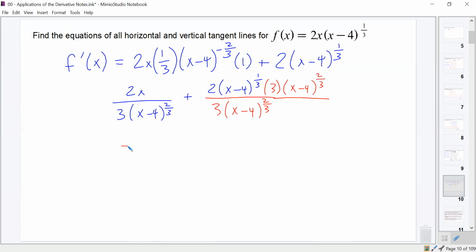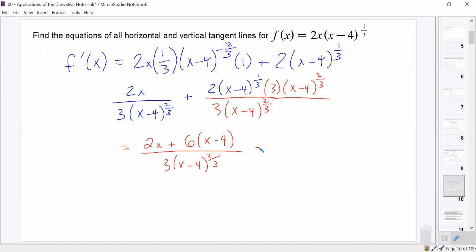And when we go through doing this, we end up with 2x plus, well, in the second fraction, 2 times 3 is 6. And (x minus 4) to the 1/3 and (x minus 4) to the 2/3 both have the same base. So all you have to do to multiply them together is add the exponents. 1/3 plus 2/3 is just 1. So that's 6 times (x minus 4) to the first power, all over 3 times (x minus 4) to the 2/3 power.